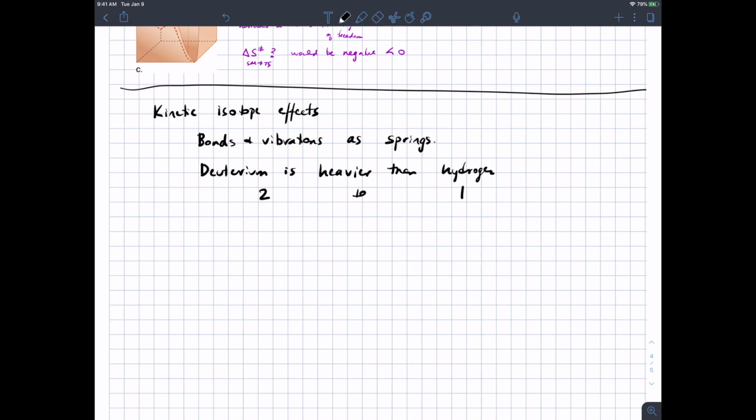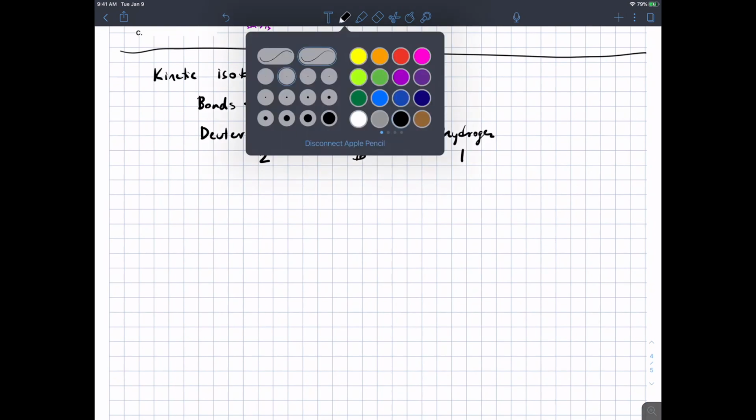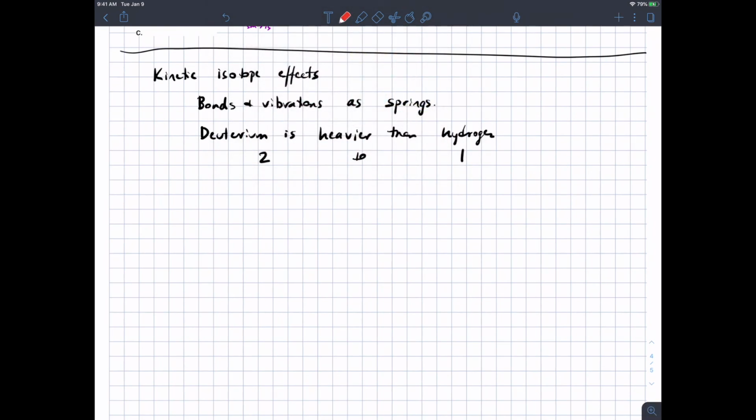Okay, and we need to rationalize what this does to bond vibrations. And to do this, we need to remind ourselves a little bit about bond vibrations, and maybe you know this from P-Chem. I certainly didn't, because I didn't have to take the kind of P-Chem that requires you to know this stuff. So, new for me.